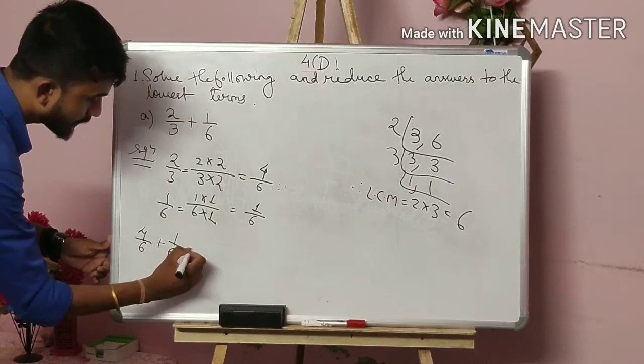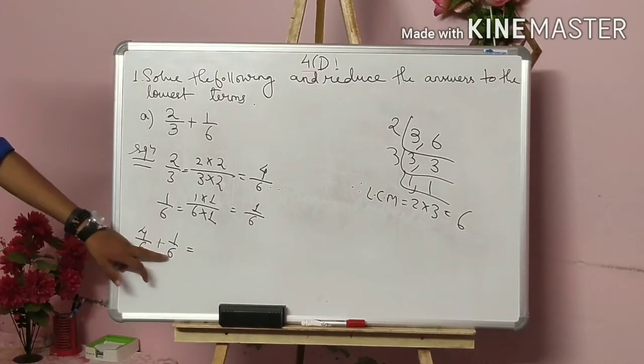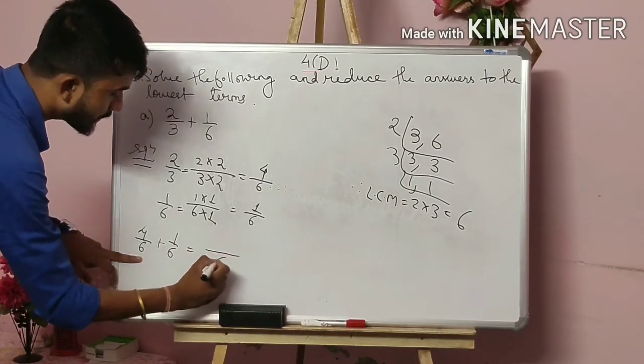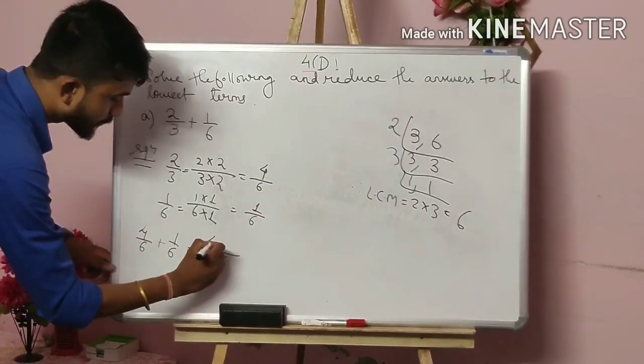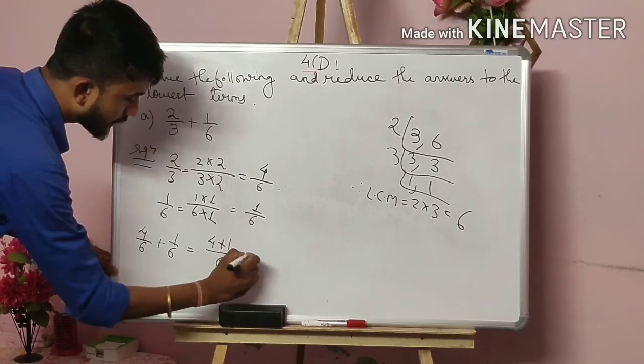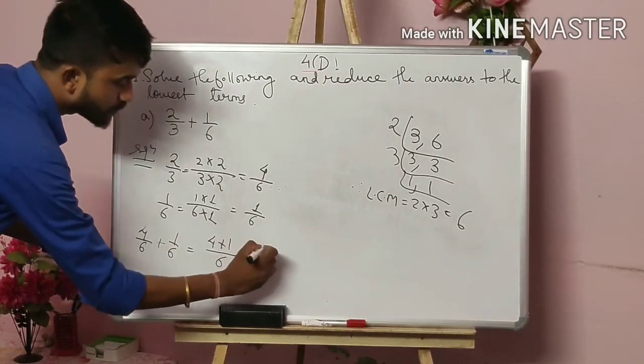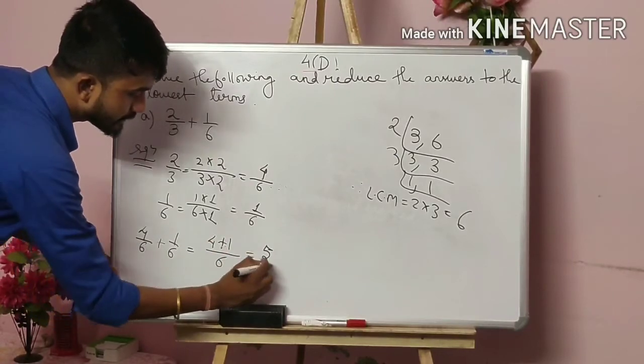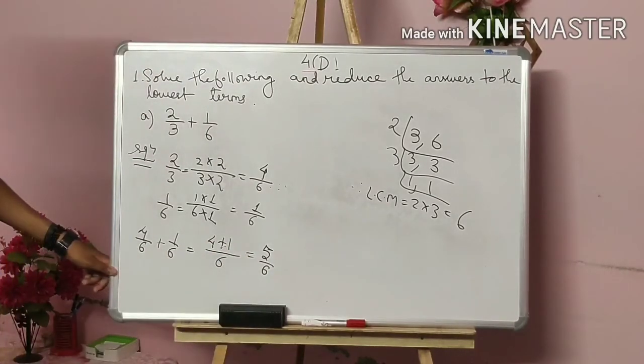Now 6 is present in the lower side, you can write 6 directly. Add 4 plus 1, 4 plus 1 is how much? 5. So you can write 5 here, and 6 is in the lower side. So this is very simple.